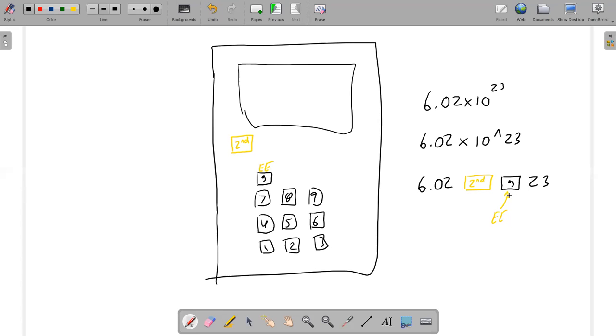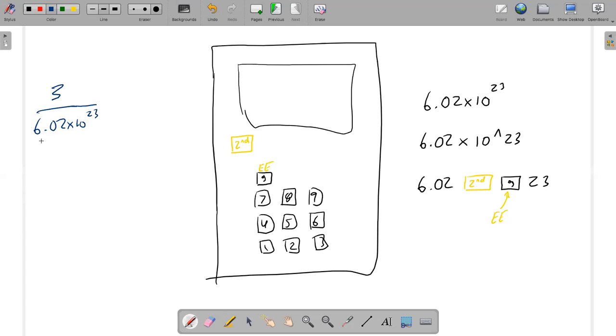If you enter a value like 6.02 times 10 to the 23rd, your calculator doesn't distinguish between the 6.02 and the 10 to the 23rd being all together in one operation. So here's what I mean by that. Let's say you take 3 divided by 6.02 times 10 to the 23rd.